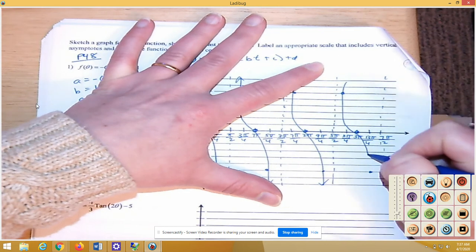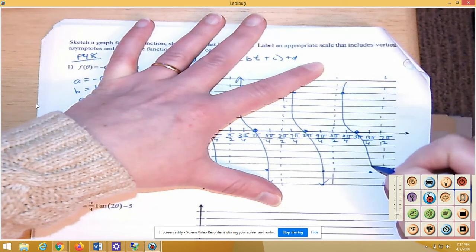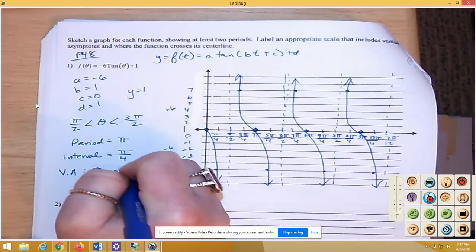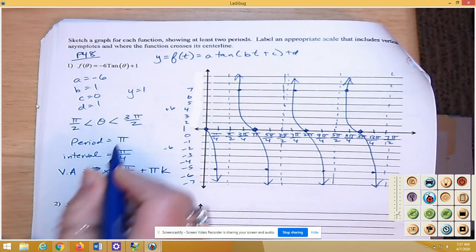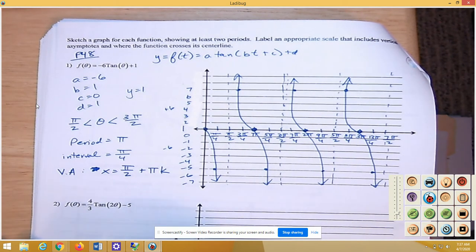And I wanted to show you one that was a little bit more complicated. You could add that all vertical asymptotes are x equals pi over 2 plus pi k, because the period was pi, where k is an integer, okay? And then we have our interval.